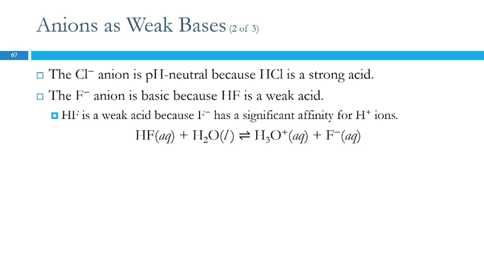So if we think about the chloride ion, it is the conjugate base of HCl. But HCl is a strong acid, right? I'll be thorough here. This is just a single arrow.